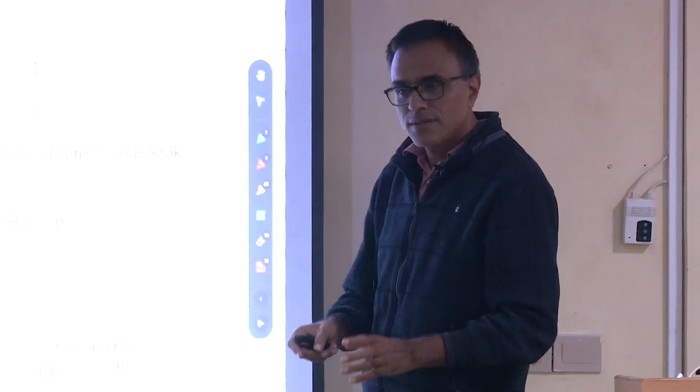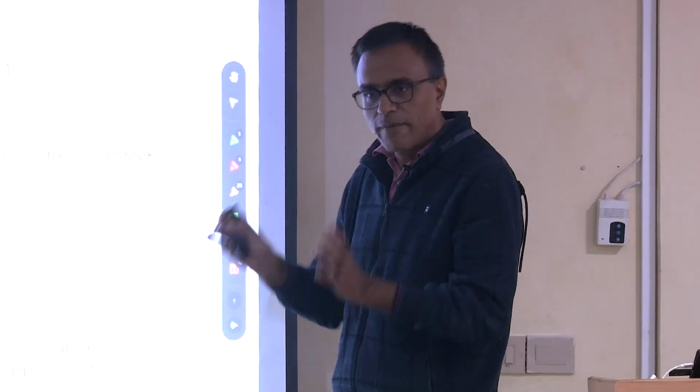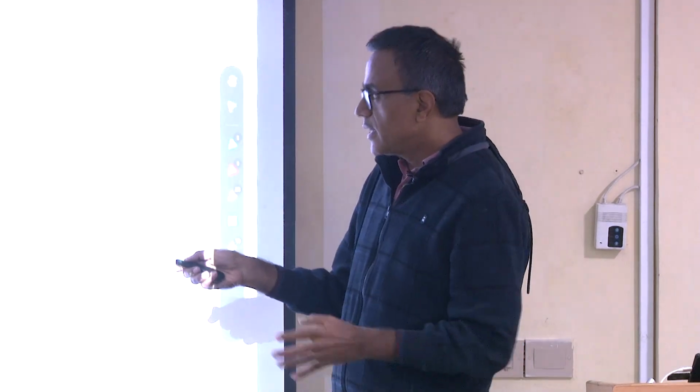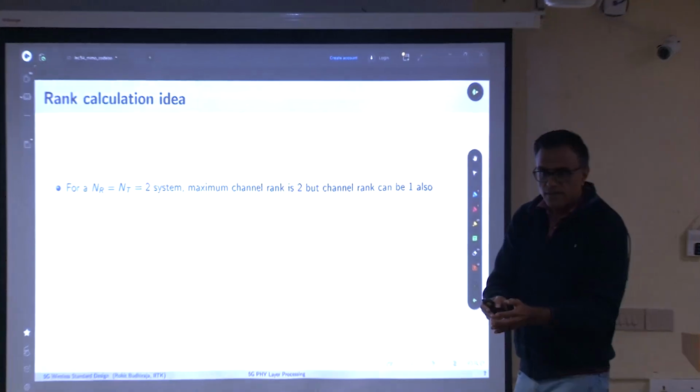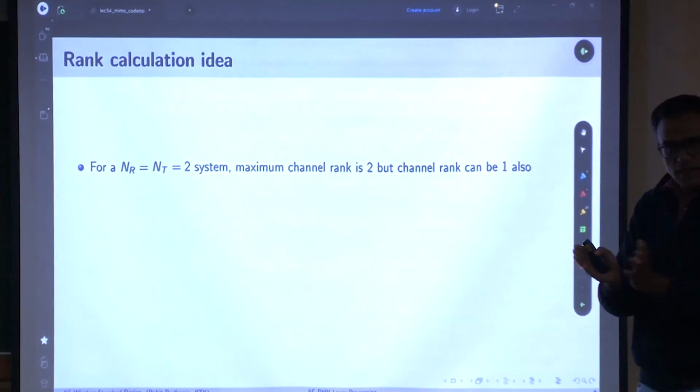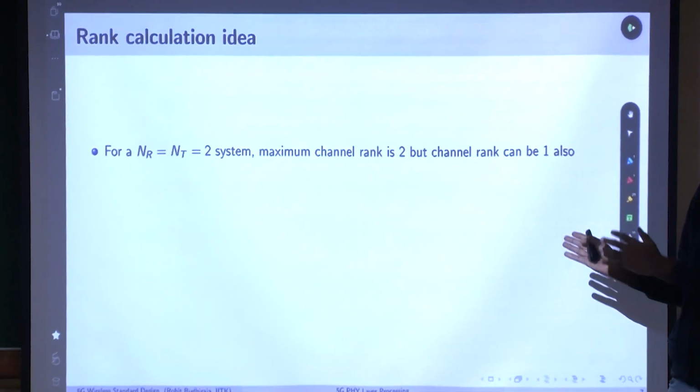Fine. There is one more thing left, and that is the rank information. We will discuss this idea of rank calculation, and then in the next class we will look at in detail how this happens.